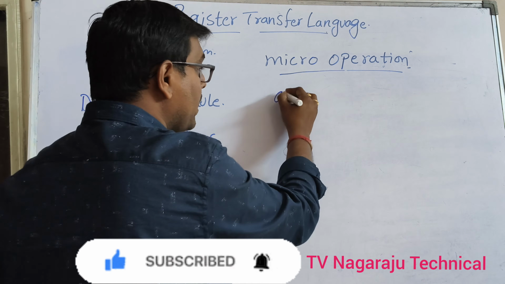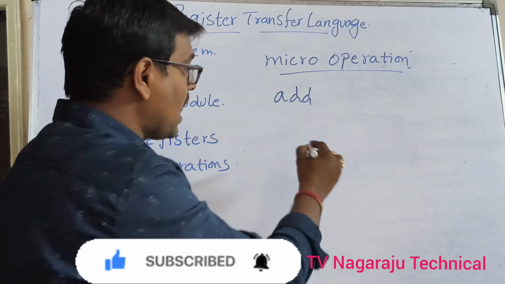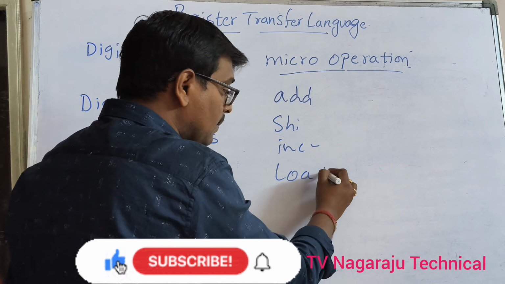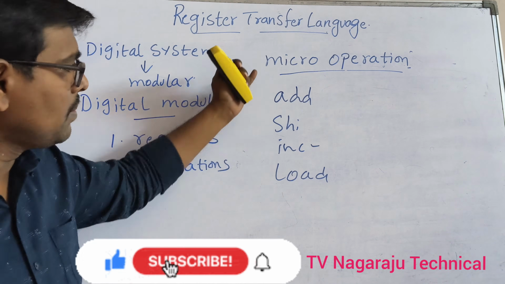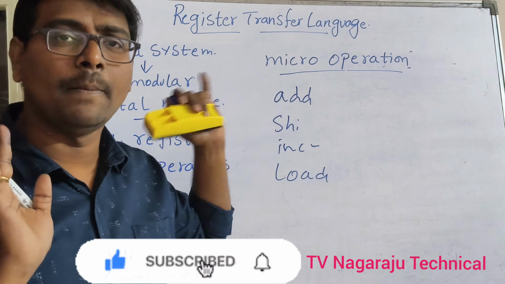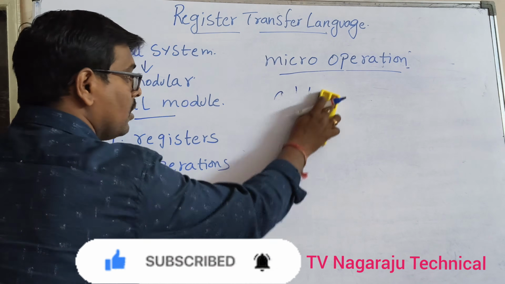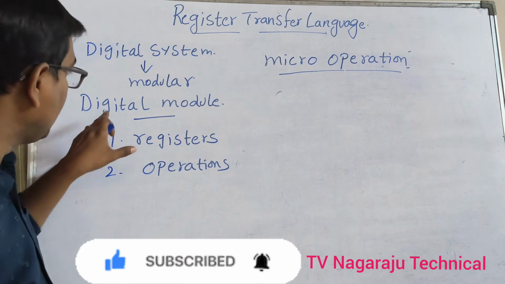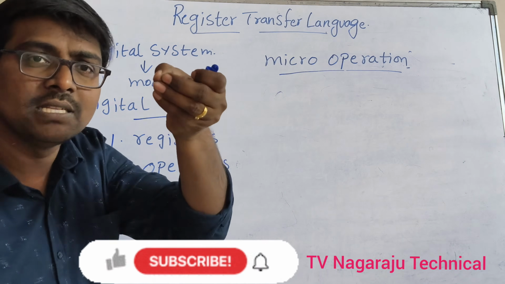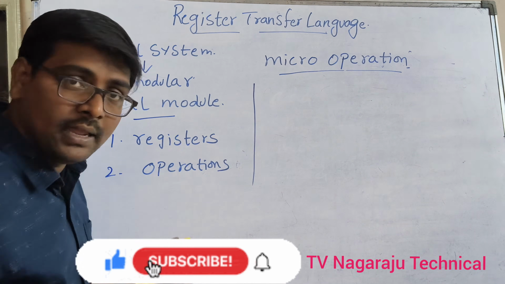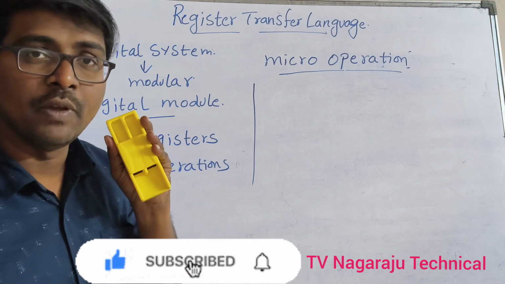What are the different micro operations? Suppose add, shift, increment, load. Like this, multiple micro operations are there. Clear? Now before that, how are we defining the digital module, that is a hardware device? Again, how are we defining the internal hardware?